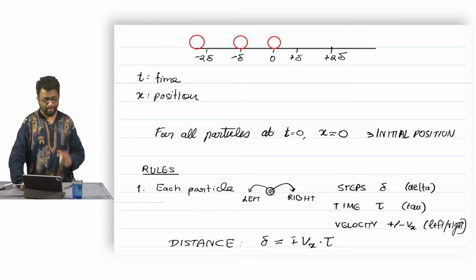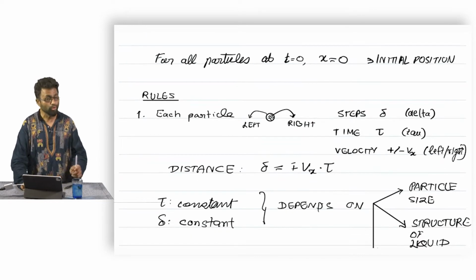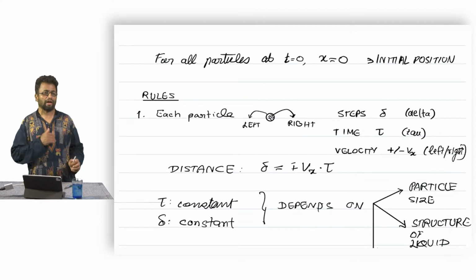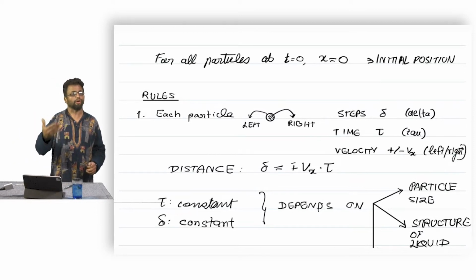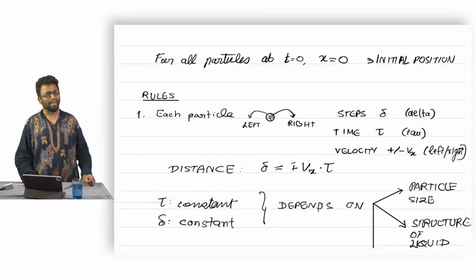Okay. So, simplification of our system in one dimension for all particles at t is equal to 0, x is equal to 0 is the initial position, and we have rules of motion. These rules are what constitute the random walk model. This is a conceptual theoretical model, and we will see in the later segments of this module where the rules actually show up in real life in terms of biology also.